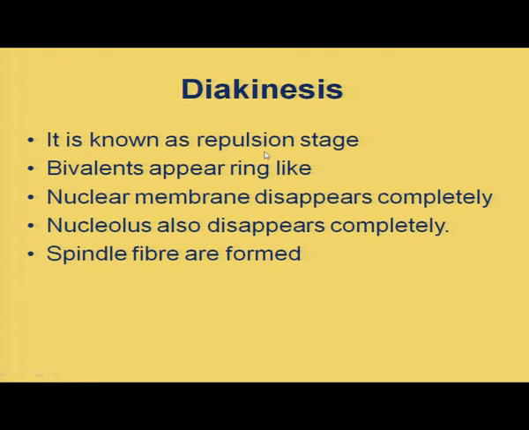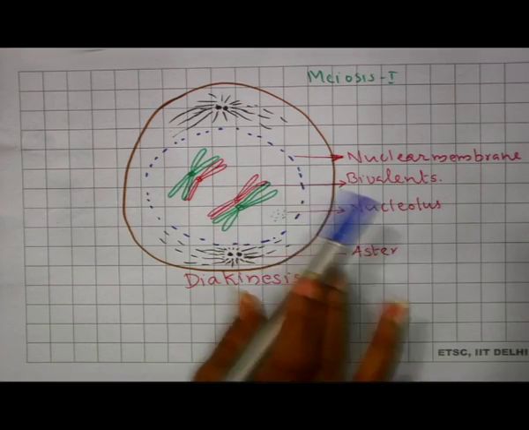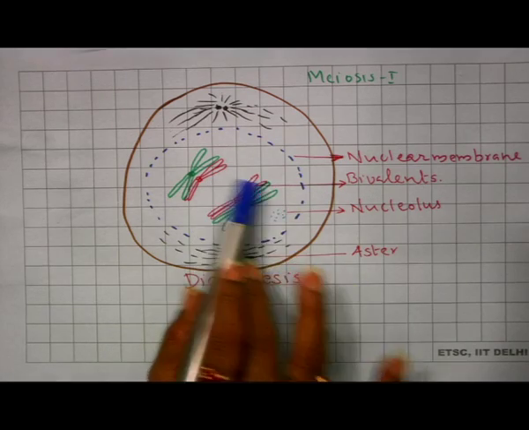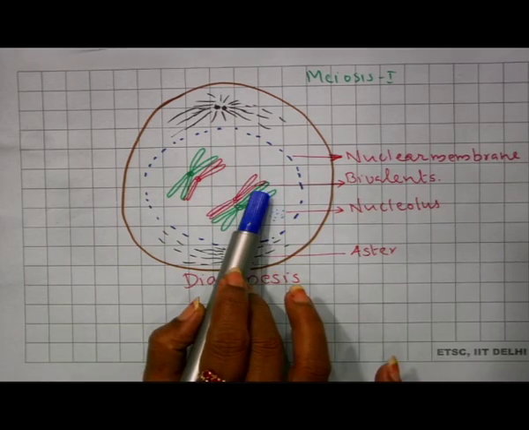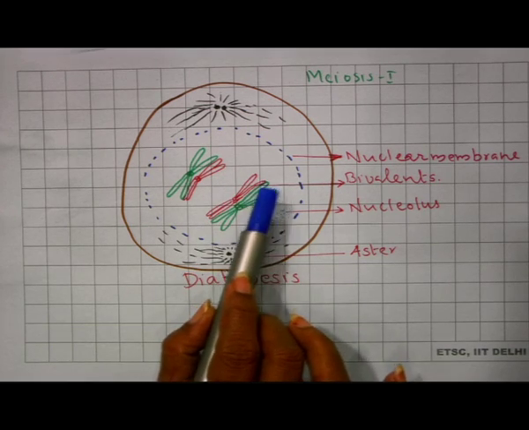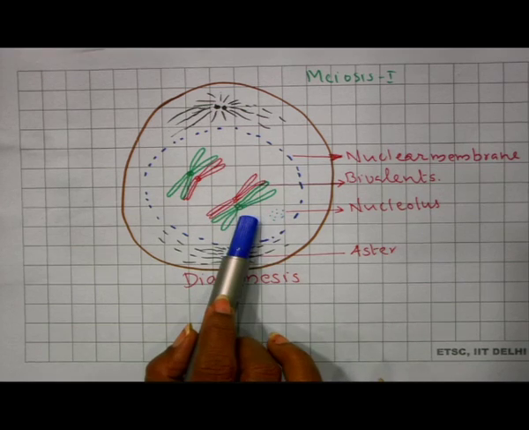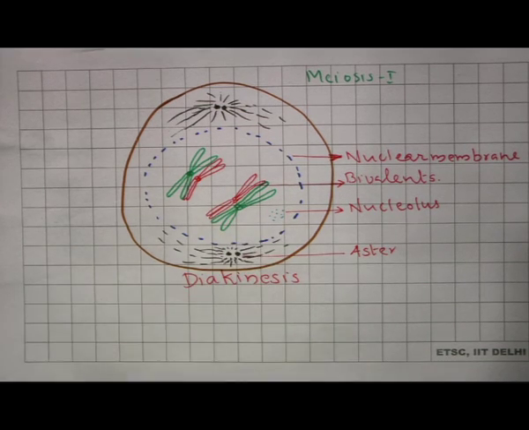Now, the next stage is known as the diakinesis stage. Here you can see the diakinesis stage. It is known as repulsion stage. Here the chiasma has totally moved apart. You can't see any chiasma in this pair. Even after that, the bivalents will remain together. So this particular phenomenon we call diakinesis or repulsion stage.